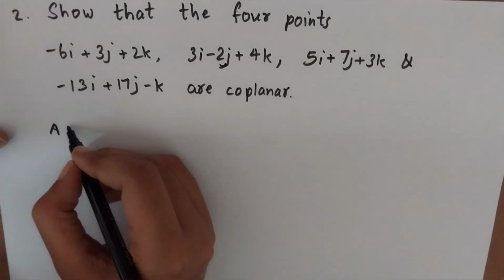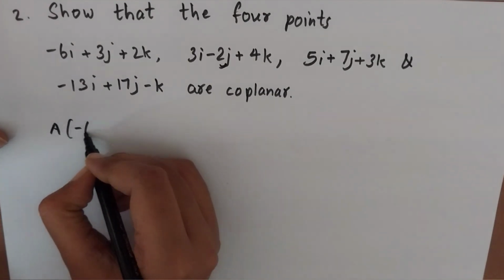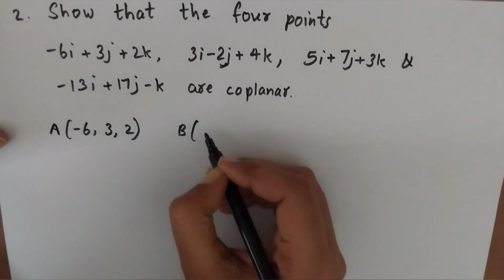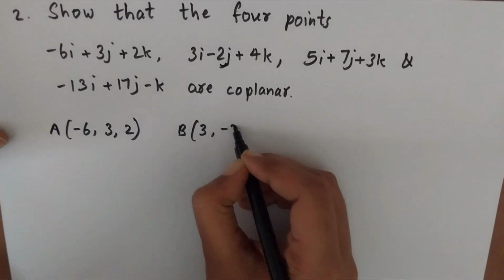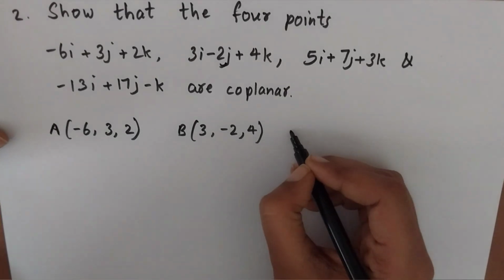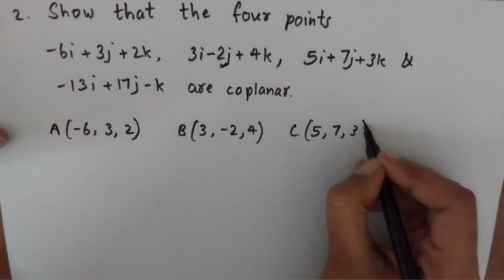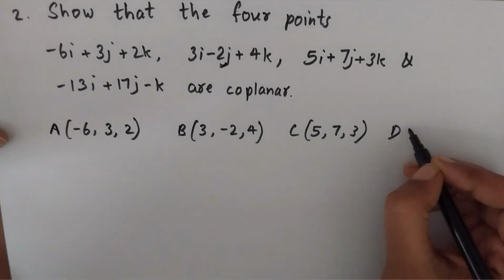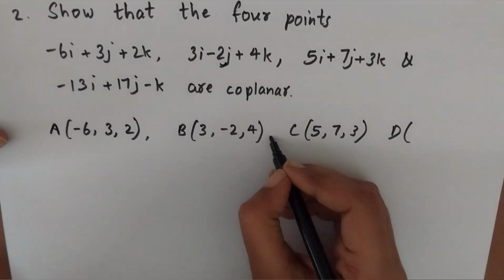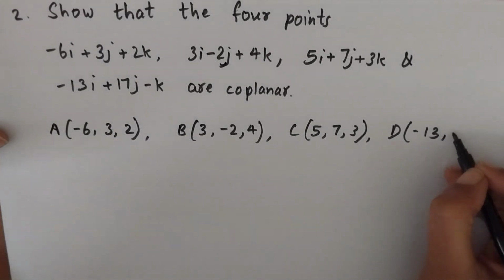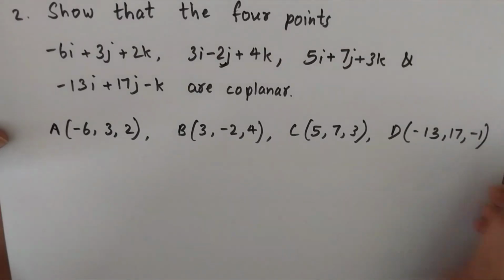Our first point A is minus 6, 3, 2. B is 3, minus 2, 4. C is 5, 7, 3 and D is minus 13, 17 and minus 1.